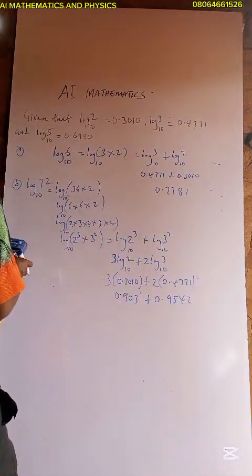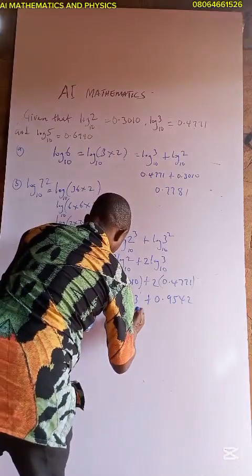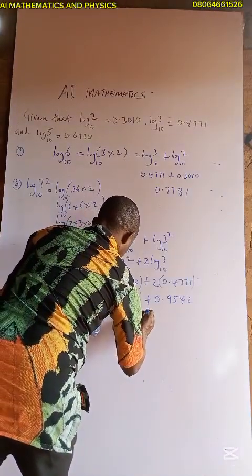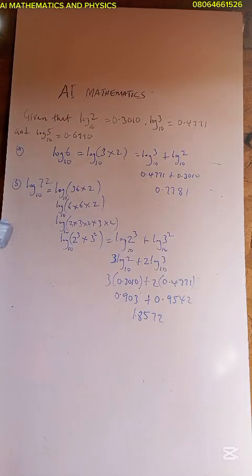Everything together is 1.8572. That's the answer.